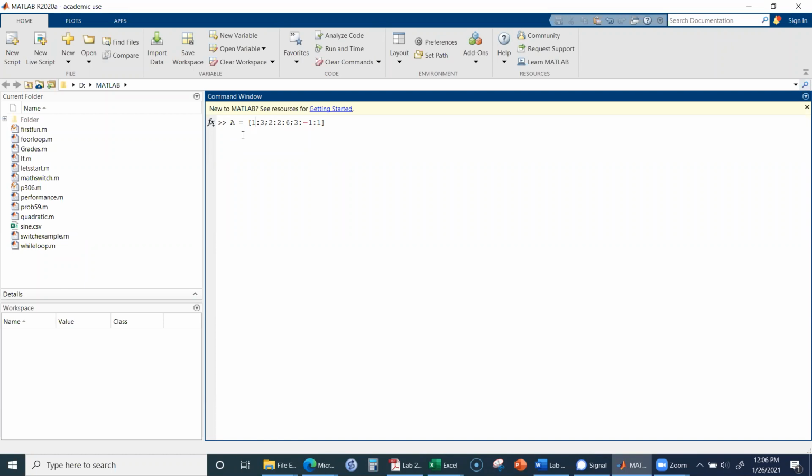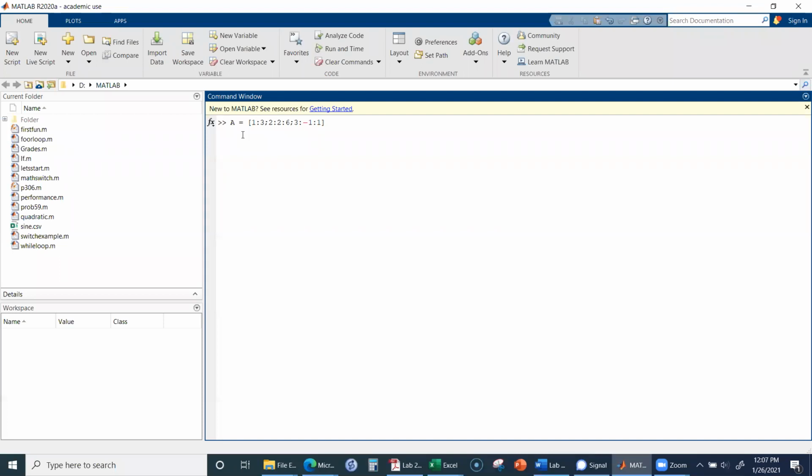When this colon is used, it means we will increment the first value by one amount. So from 1 to 3, the next value will be 2, and after 2 the next value will be 3, but that 3 is the ending value over here. So 1:3 will produce the results 1, 2, and 3.